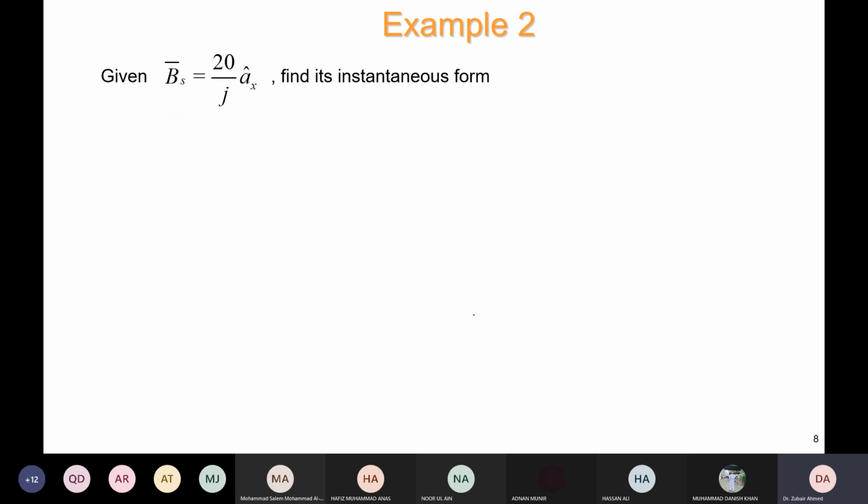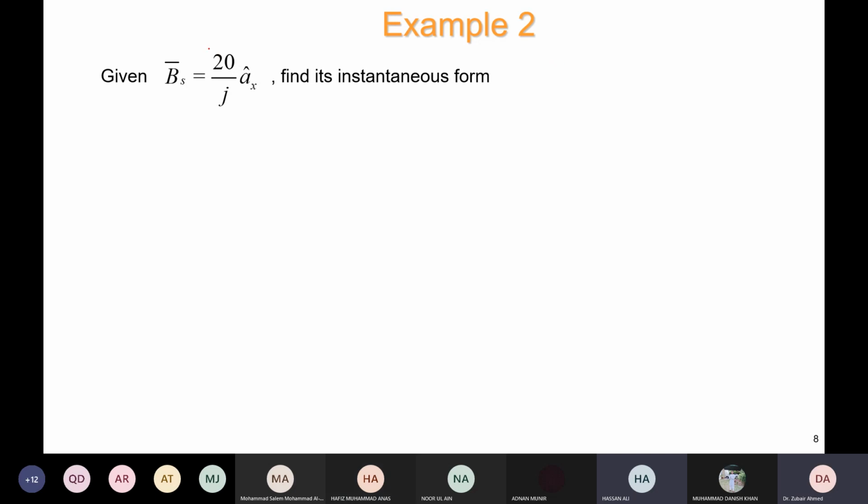Let's do an example. So we are given a phasor vector. Please note that now we have only one vector component. In general, how many components can we have? Three components.